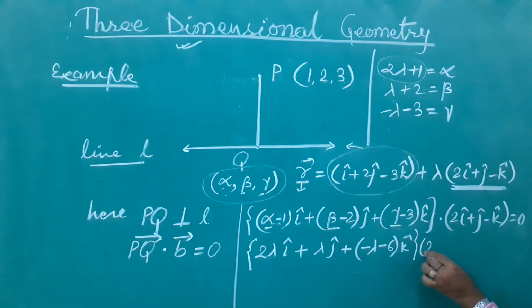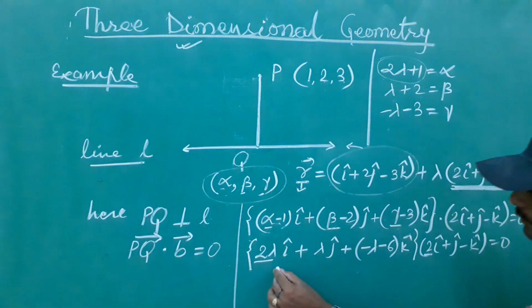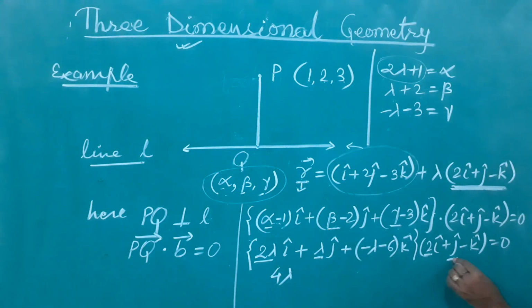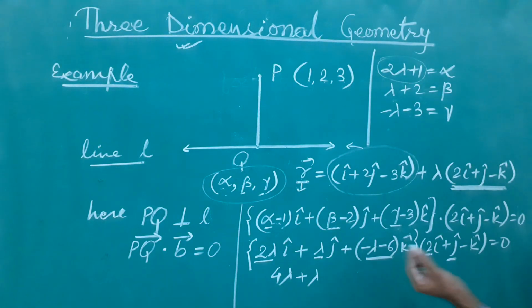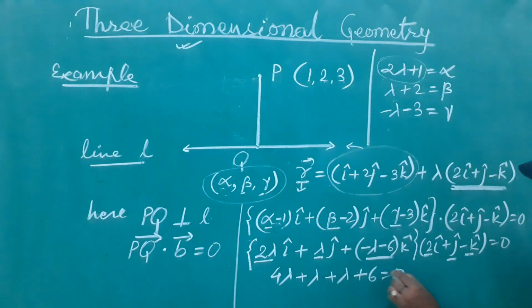Then use the dot product. Now 2 lambda into 2, 4 lambda, and then lambda with 1 plus lambda, and this minus lambda minus 6 with minus 3 plus lambda plus 6 equal to 0.